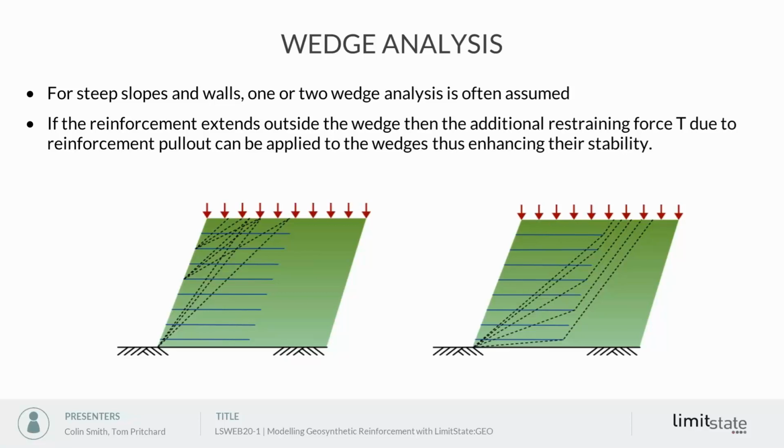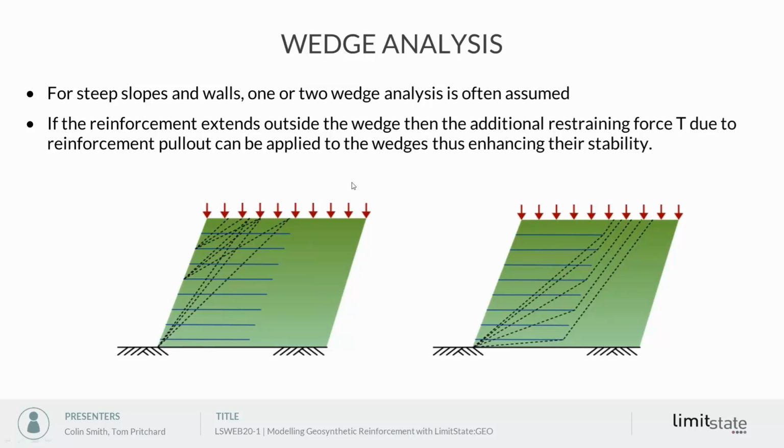So either the reinforcement pulls out of the soil, so if we had a sliding wedge along this boundary here, and that wedge slid, this bit of reinforcement would pull out, or conversely, as if this wedge slid down, this bit of reinforcement would pull out of the wedge. But essentially the relative interaction is the same. It can be modelled in a general way.